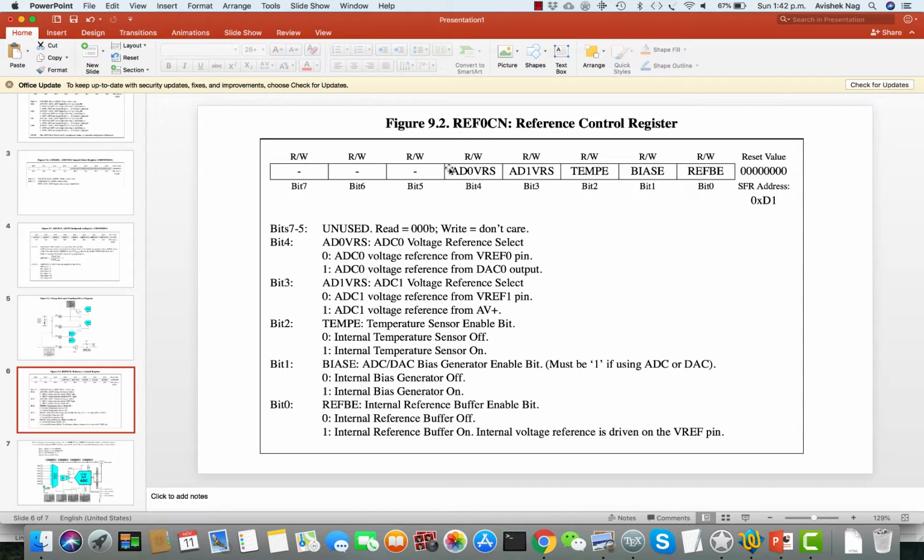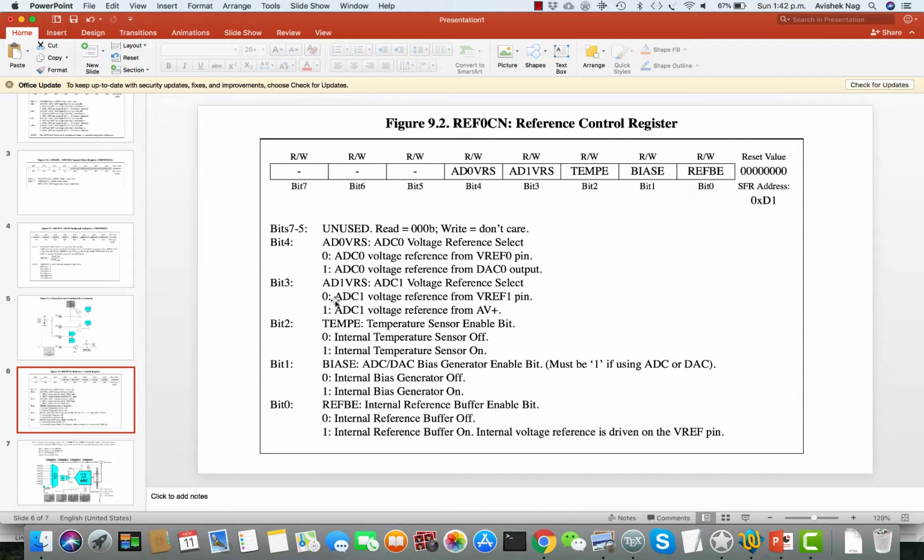Also you have to set these other bits to 0, so let's see what the function of these bits is. If you set bit 4 to 0, then you are selecting the ADC 0 voltage reference from the VREF 0 pin.